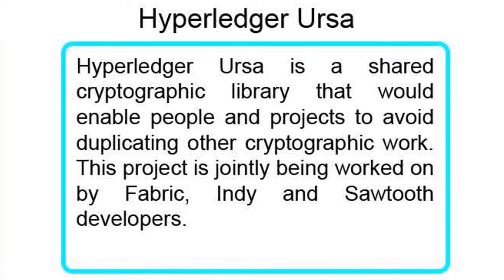So by using Hyperledger Ursa, we don't need to actually set up the cryptographic material inside the blockchain network. We can use this tool set to derive all the certificates, all the private keys and public keys to work with our network. This project is currently being worked upon by the developers from Fabric, Indy, and Sawtooth.